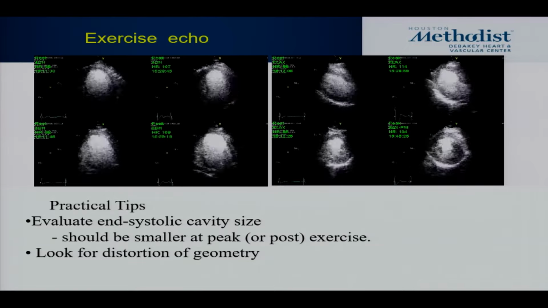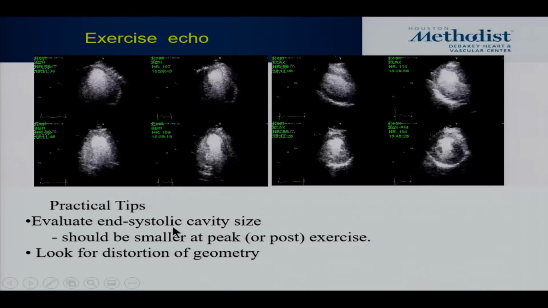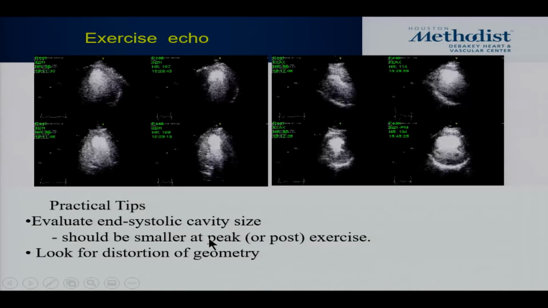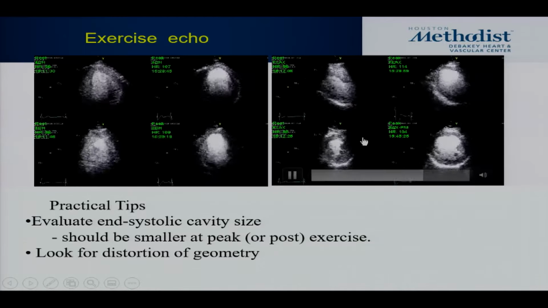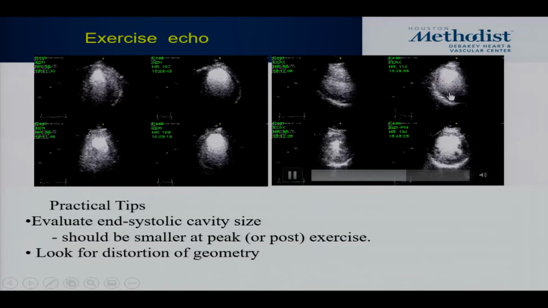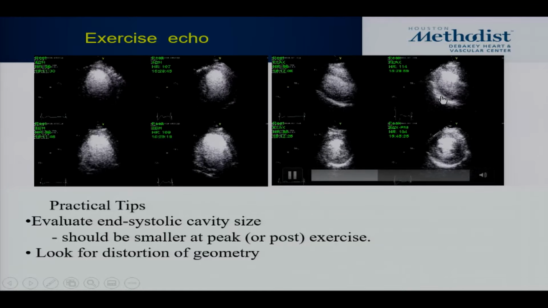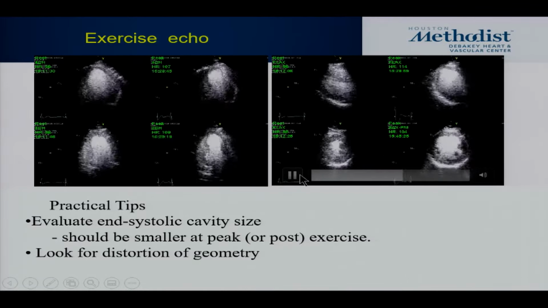Hopefully, now, again, evaluate end-systolic cavity size, both global and regional, and then you may see some distortion of geometry, okay? So here, let me see if I can stop in time there. Not so easy. Maybe here.